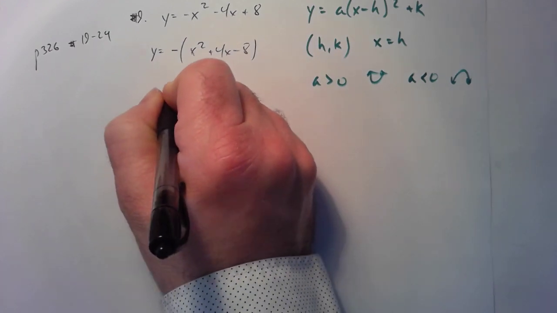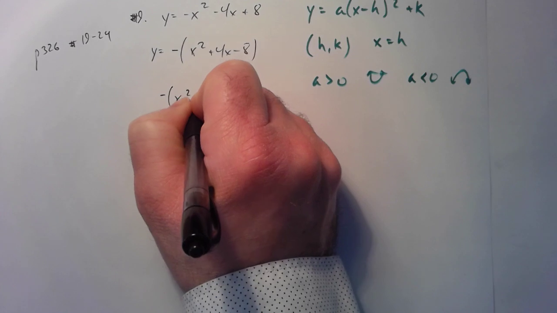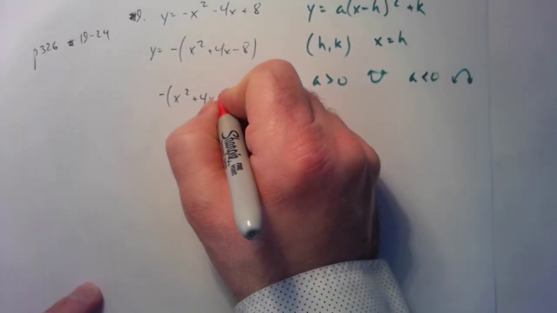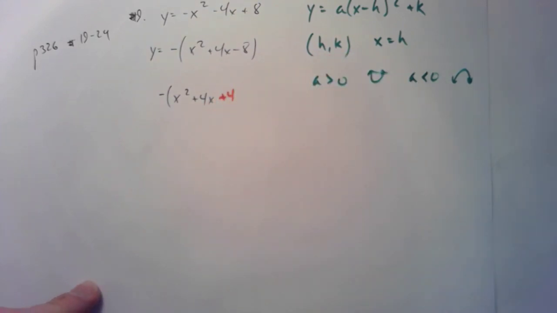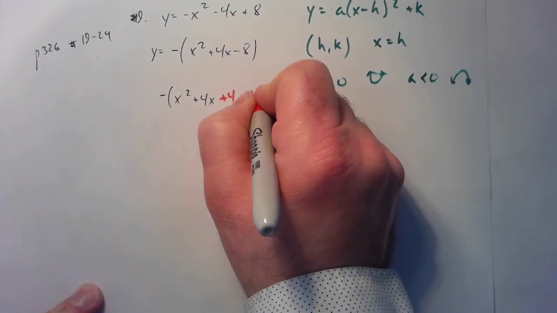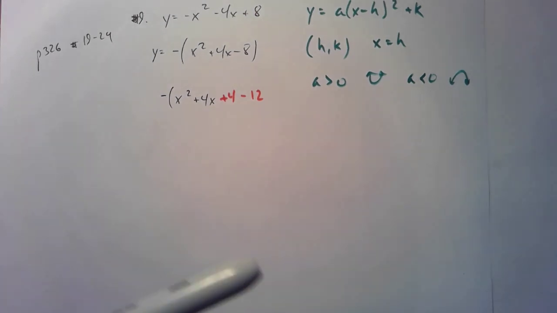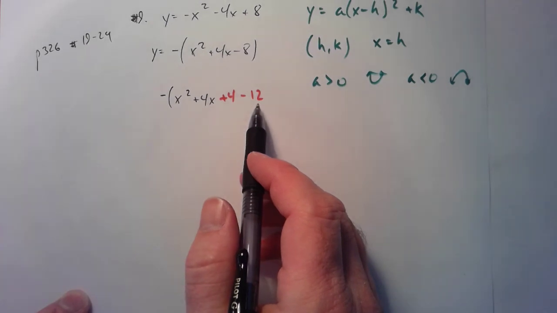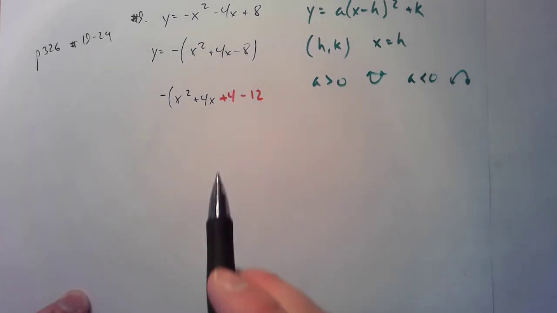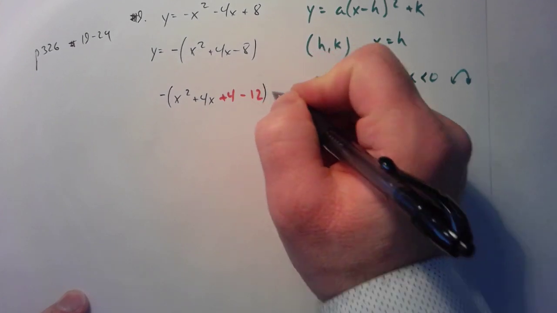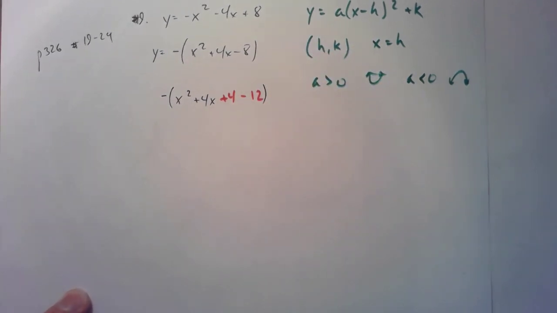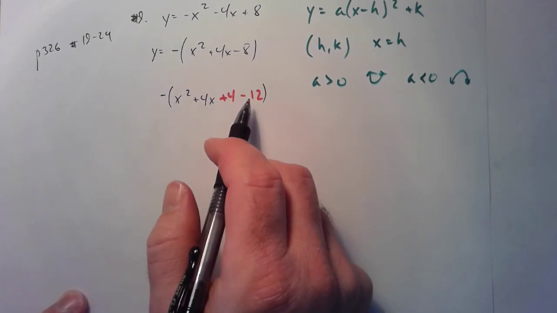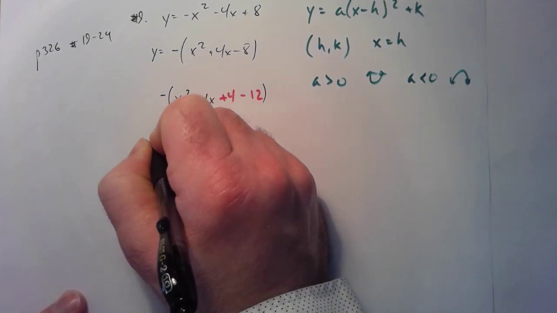If this were to say x squared plus 4x plus 4, but instead it says minus 8, then I need to put a minus 12 there. You see how plus 4 minus 12 is the same thing as minus 8 from up above? Okay, so that works out to be like this.